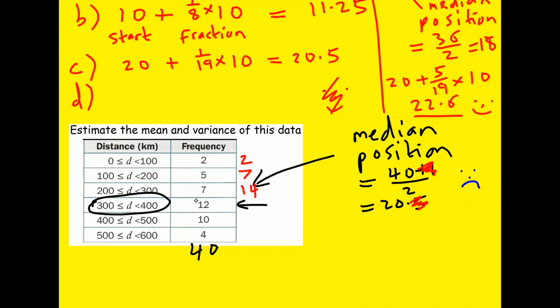Okay, yes, we see that we're in this group, but furthermore, we are 6 into the group. So the starting value is 300. We are going 6 over 12 of the way through. The width is 100. And actually, in this particular case, that's just going to give me a very nice answer, which is the midpoint. It's going to be 350.